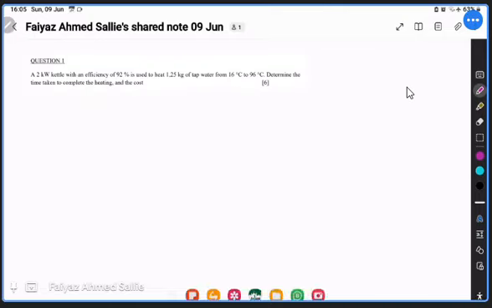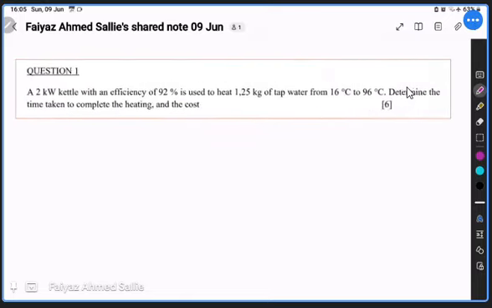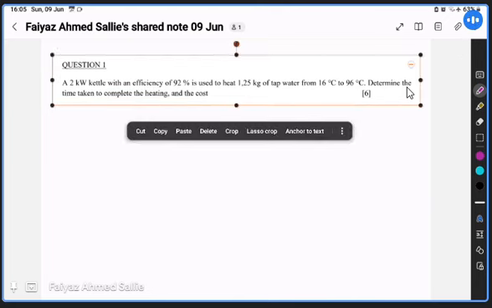We're going to look at this question over here because a couple of students have asked me to show them step by step how to solve it. I think this question is from the year 2022.